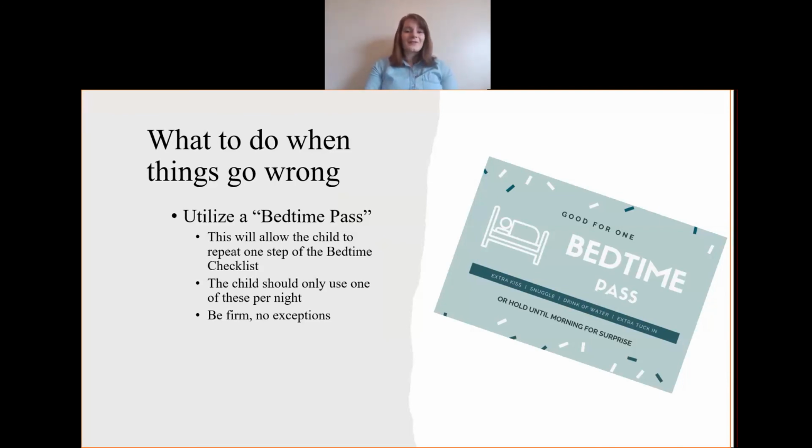But in order for this to work, only one bedtime pass should be used per night, and you should be firm with this and make no exceptions so that the routine you are creating with your child can easily be followed and they know their expectations.